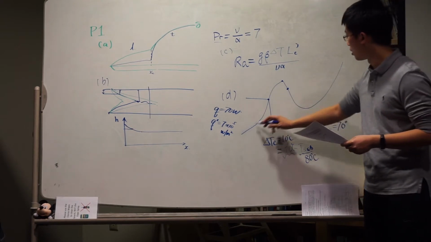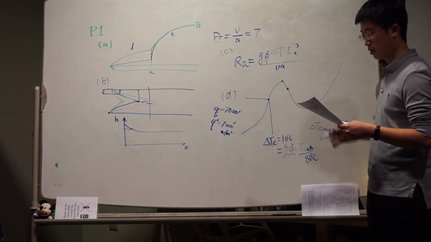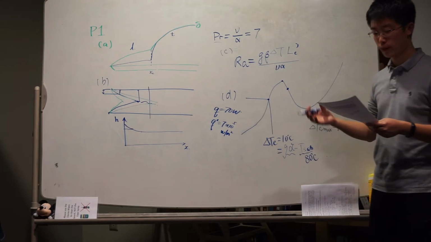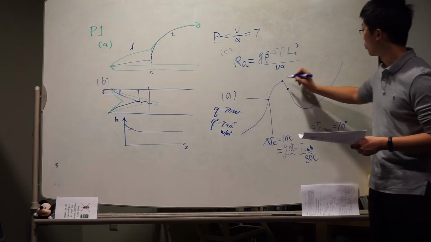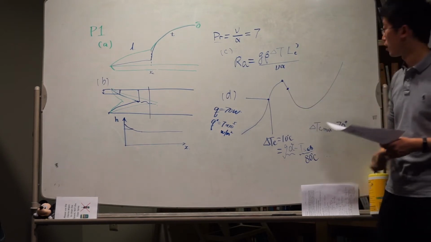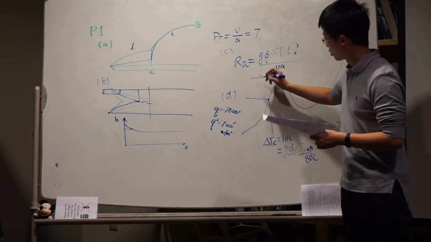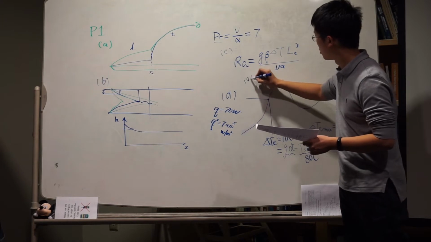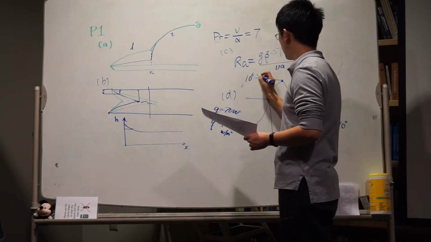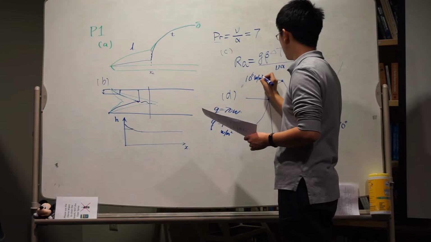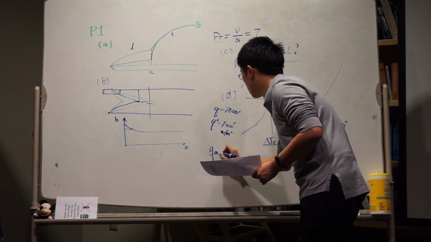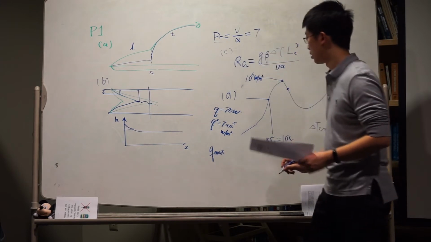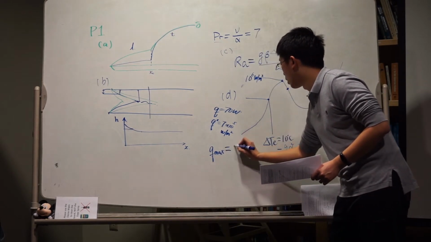And then we look at this curve. It's asking us what is the maximum power the chip can dissipate. And we found, okay, it's the critical heat flux. It corresponds to 10 to the 6 watts per meter squared. And we will know the maximum heat allowed will be 100 watts.